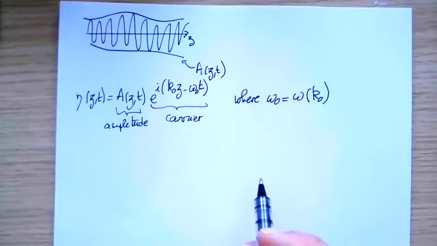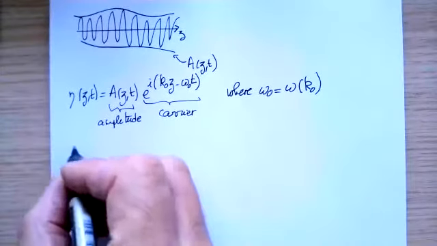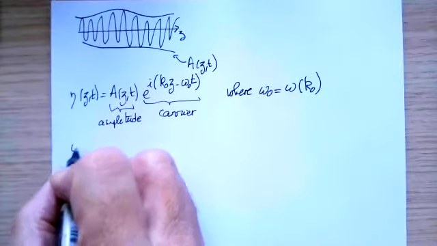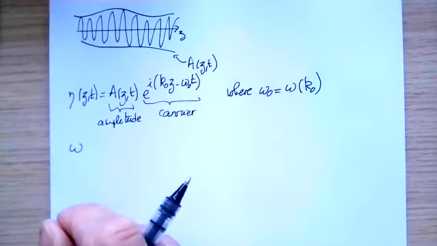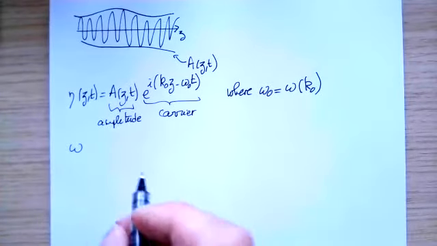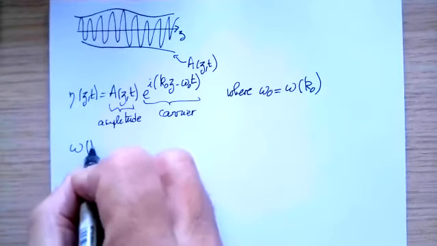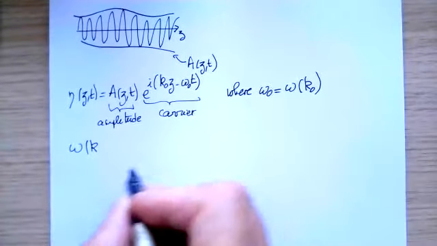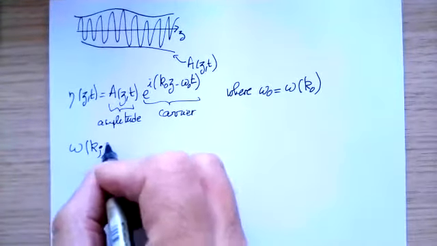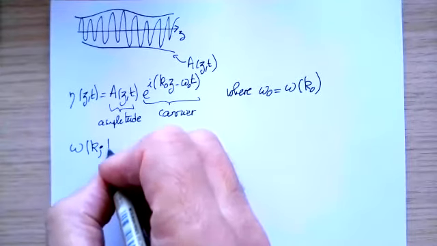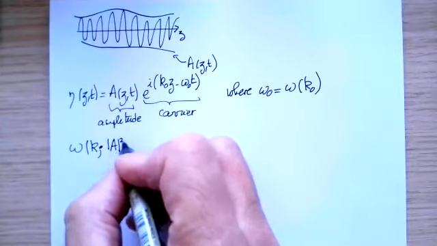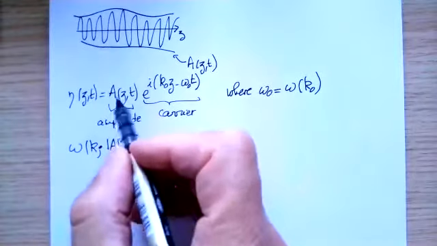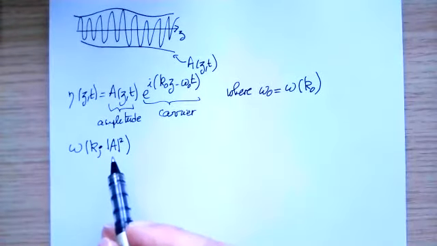If you want to account for nonlinear effects, you will write that omega is not only a function of k, but also a function of the modulus of the amplitude of the wave. And that's physical.